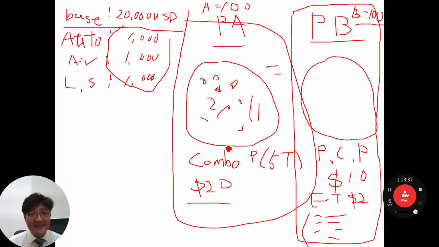Can you guess? Again, pizza A, for the 100 people in group A, we present a combination pizza with 5 toppings, and it's $20. If you do not need a topping, we're going to give $2 back.